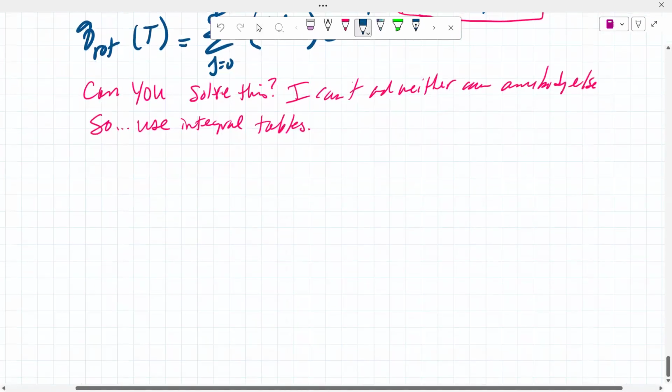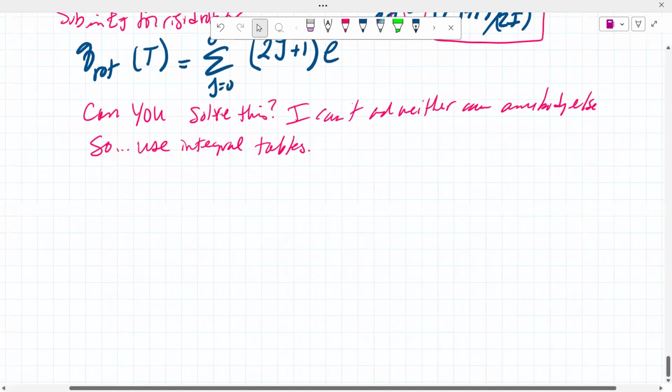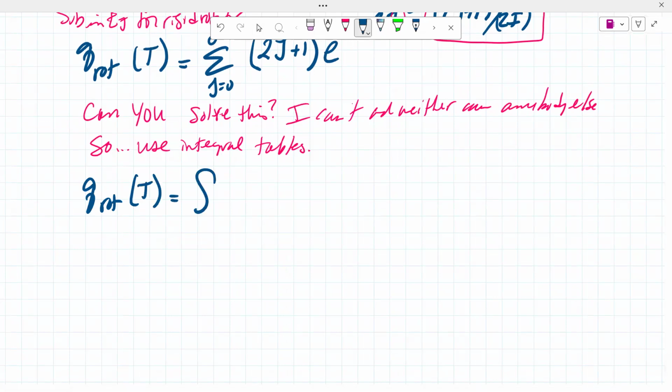Because this summation does not work, q rot of T equals the integral from 0 to infinity of e to the negative rotation x over T dx.